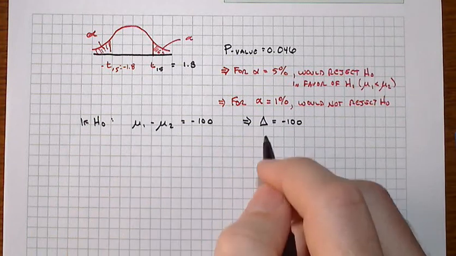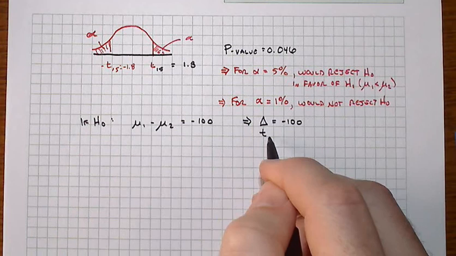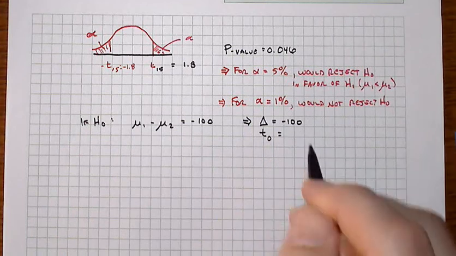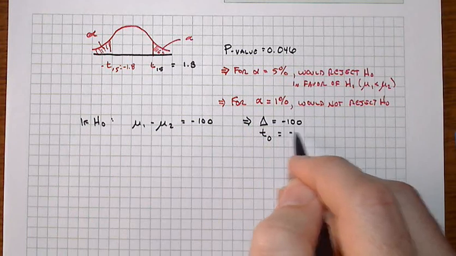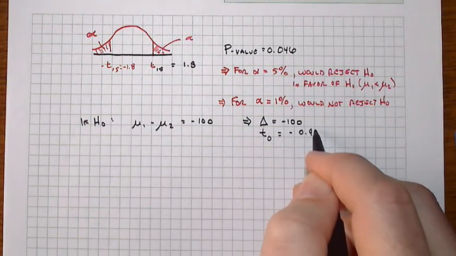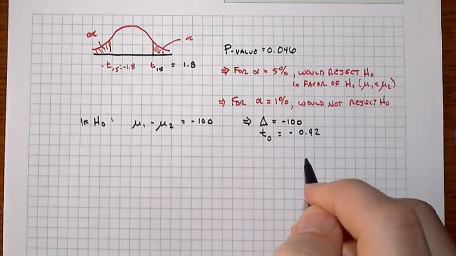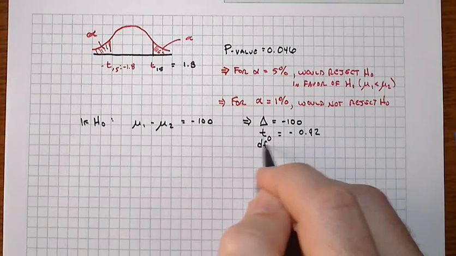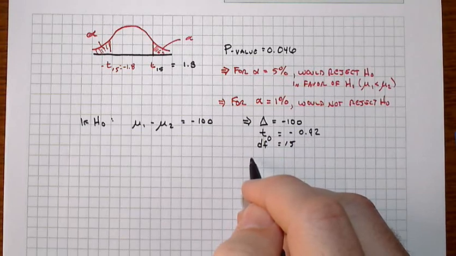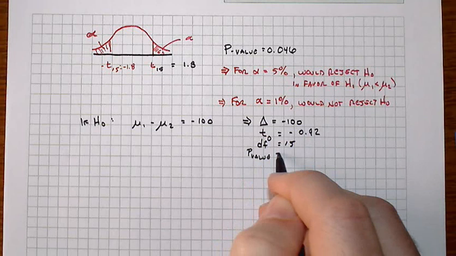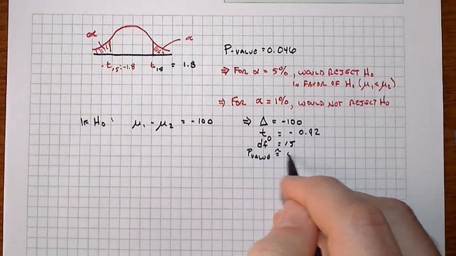And that changes the calculation of our test statistic. Instead of negative 1.8, it now becomes minus 0.92. Right? We still have the same degrees of freedom of 15, but our p-value is going to change. It now becomes about 0.188.